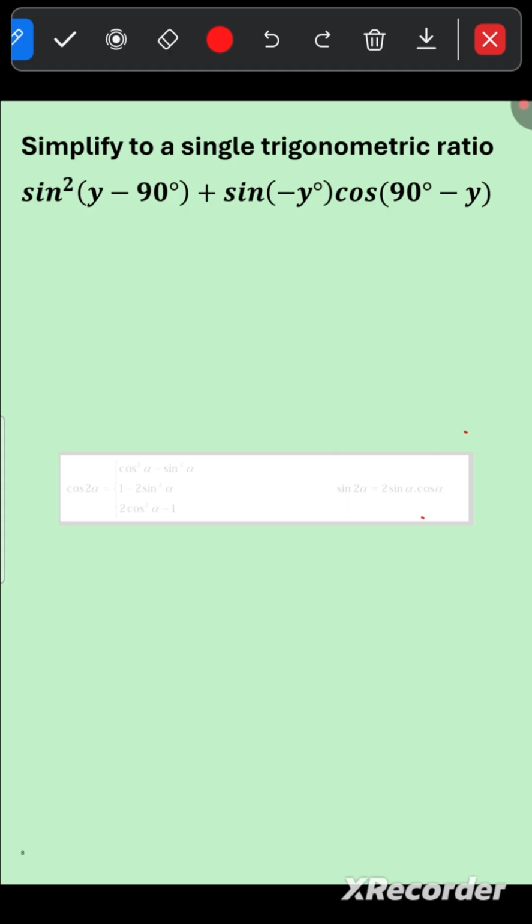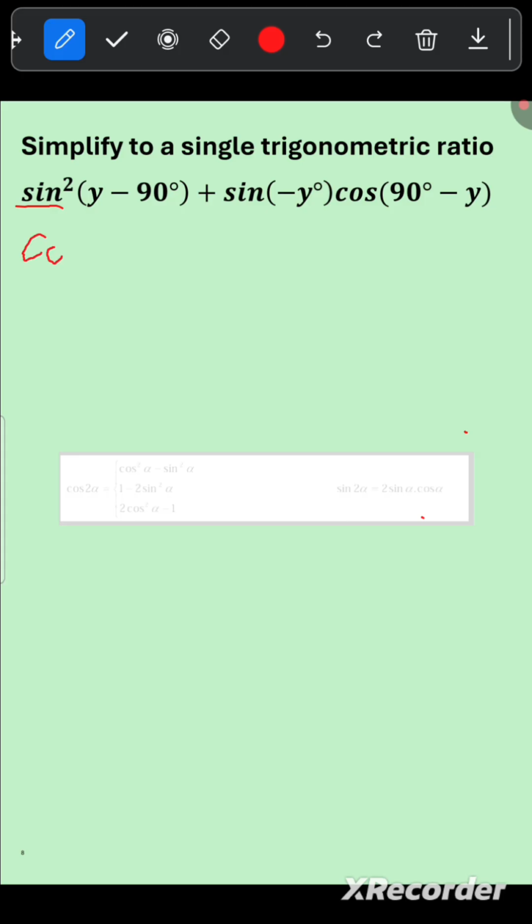So sine squared of (y minus 90). Having 90 makes sine change into cos and cos change into sine. So this sine will change here and become cos.